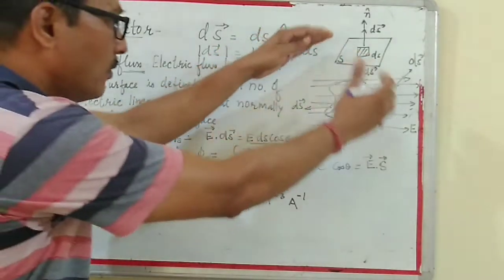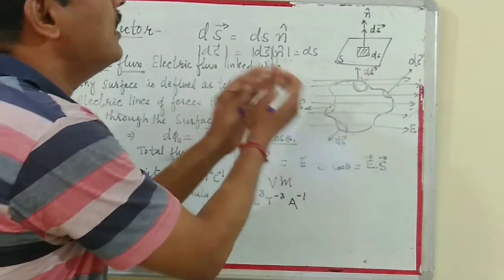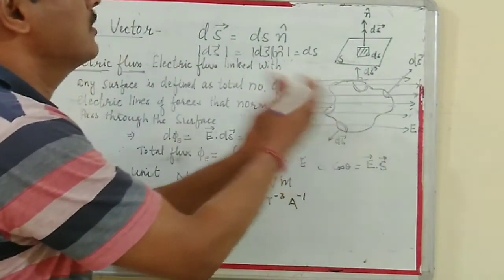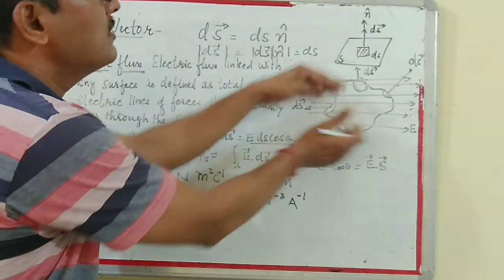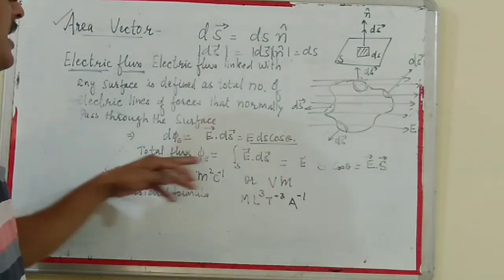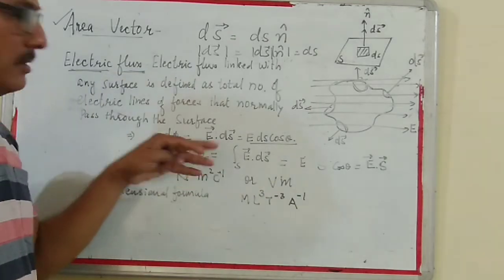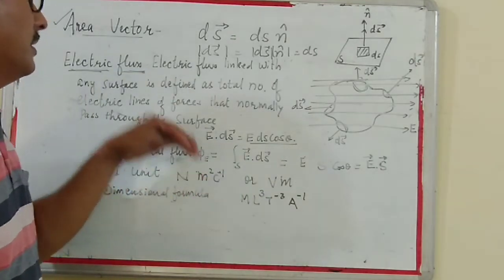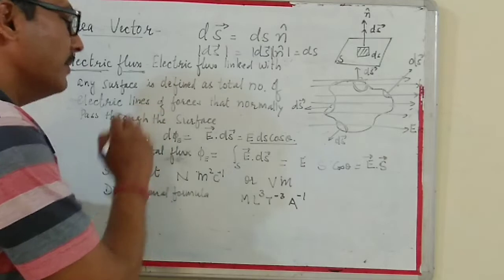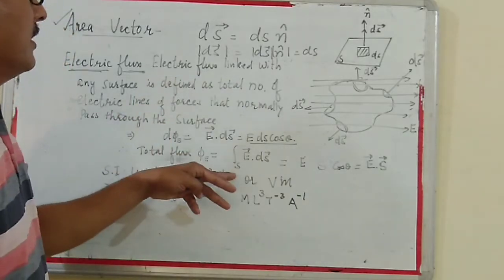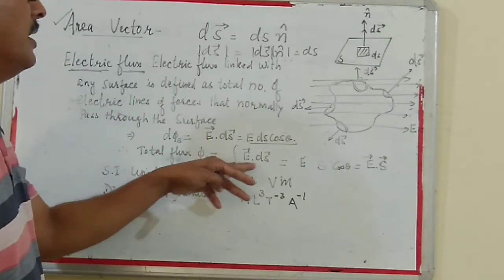Now if we want to find the total flux passing normally through this whole surface, we integrate this term. So we get the total electric flux, phi E, as the surface integral of E dot ds.